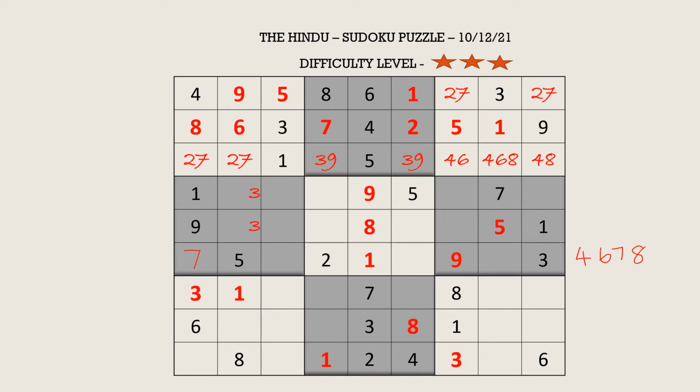So the balance numbers are 4, 6 and 8. If you see here, 4, 8 blocks here. So this cell takes 6. The two missing numbers are 4 and 8. So the balance 2 cells take a 4, 8 pair.